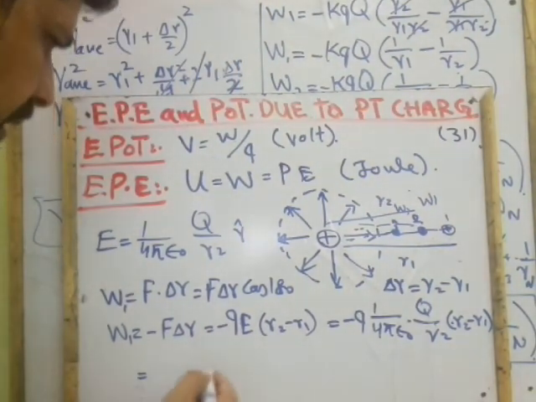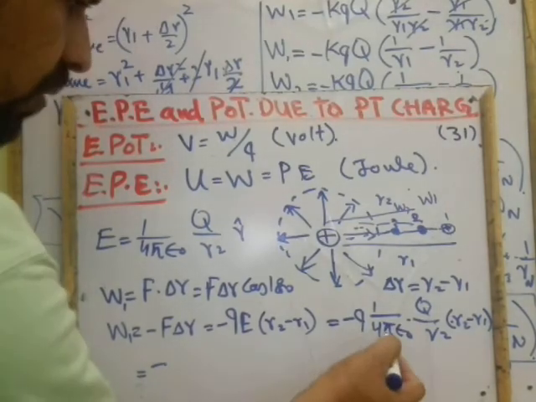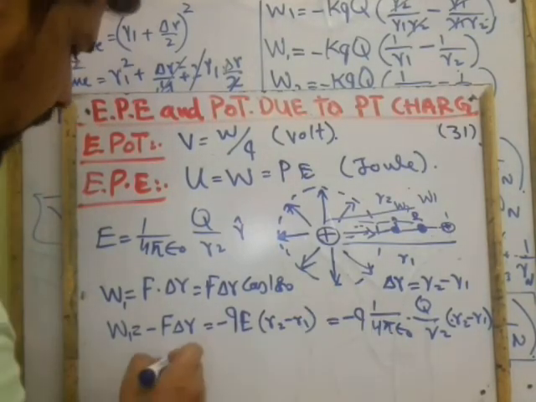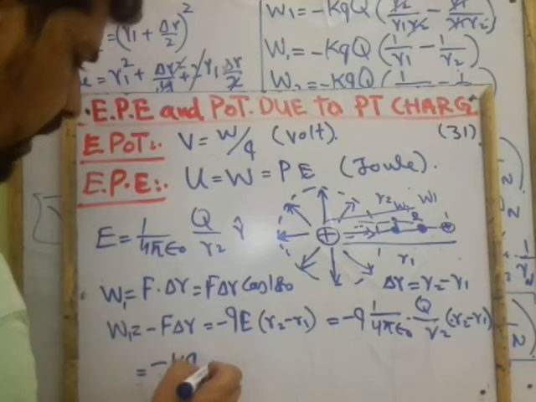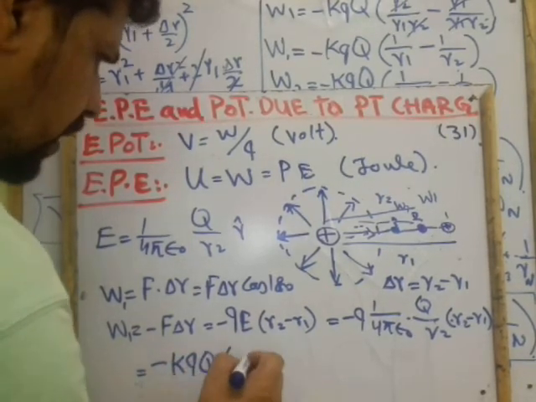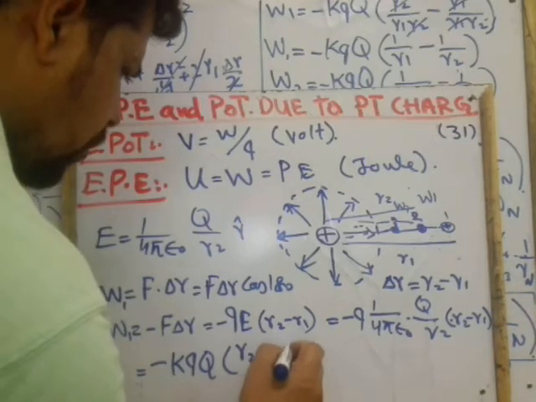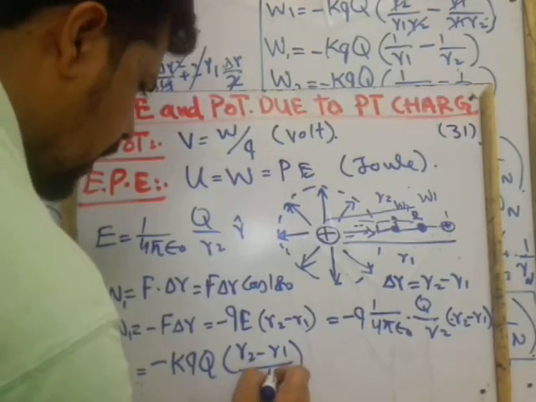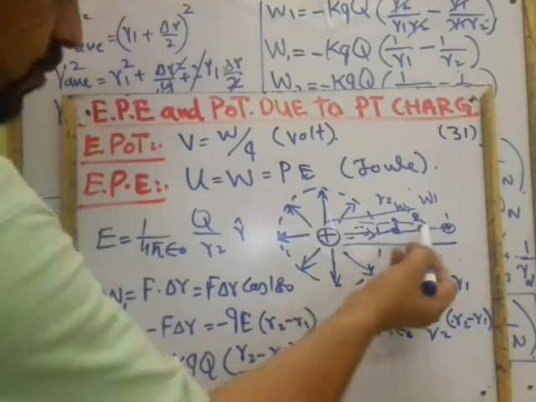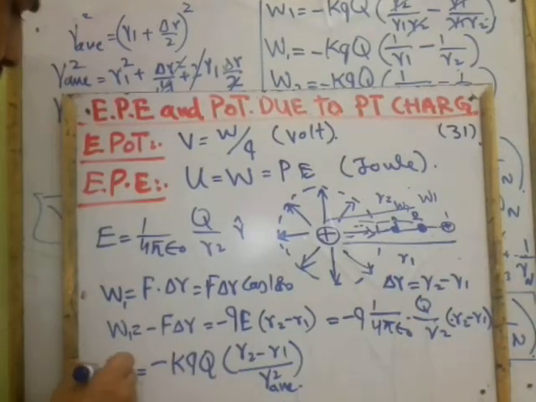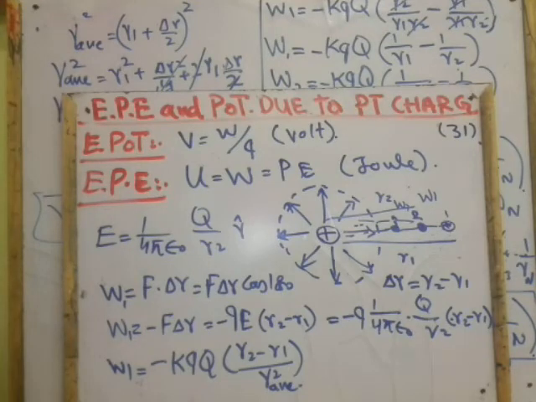We know that 1/4 pi epsilon naught is equal to K, so we simply write minus K small q capital Q, R2 minus R1 divided by R average square. As you note, the distance is variable, so we take the average distance for calculation of W1.